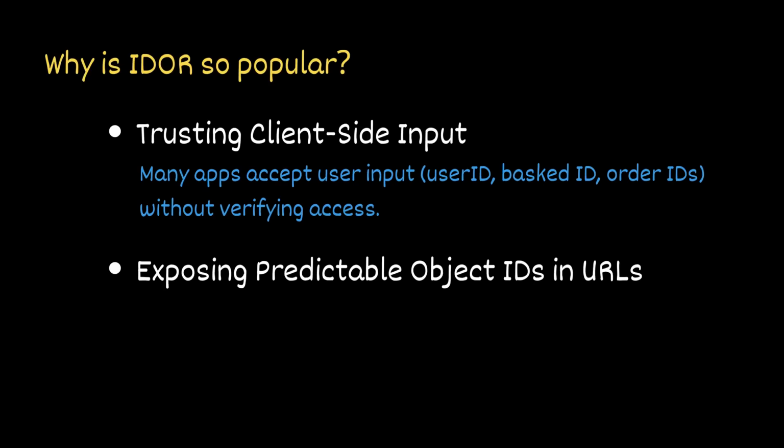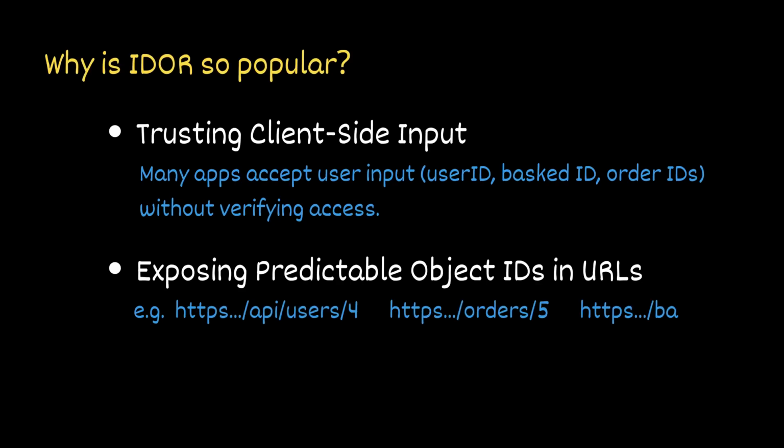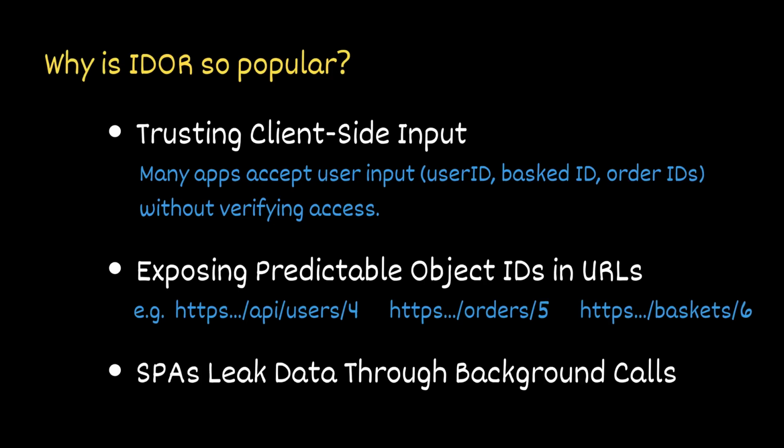Second, RESTful APIs often expose predictable object IDs directly in URLs, like https://api/users/4, orders/5, or basket/6. And finally, modern single-page application and mobile apps make countless background API calls, which are easy to intercept and tamper with, using tools like Burp Suite or Postman.